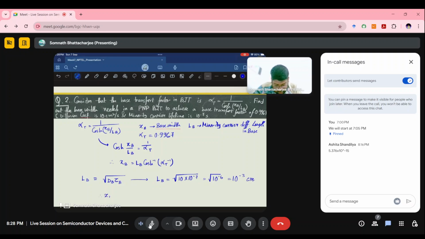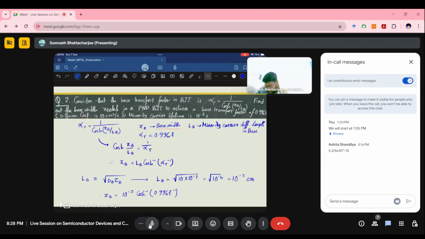Now LB is 10 to the power minus 3 centimeter, and cosh inverse of 0.9967 inverse.